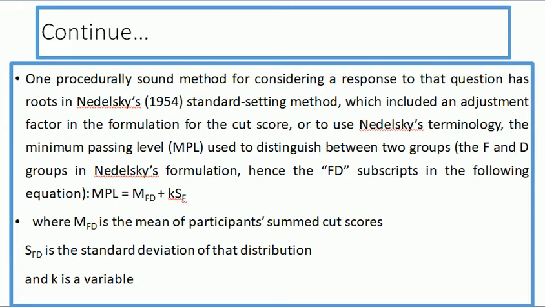In Nedelsky's formulation, hence the FD subscripts in the following equation: minimum passing level is equal to MFD plus K times SFD, where MFD is the mean of participants' summed cut scores, SFD is the standard deviation of the distribution, and K is a variable.